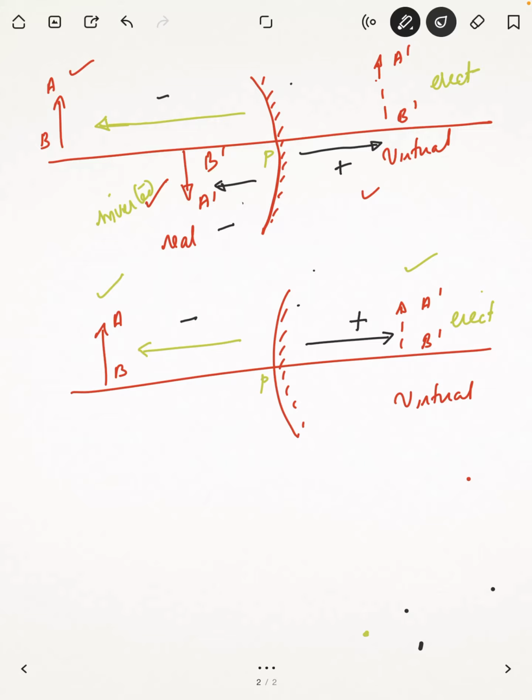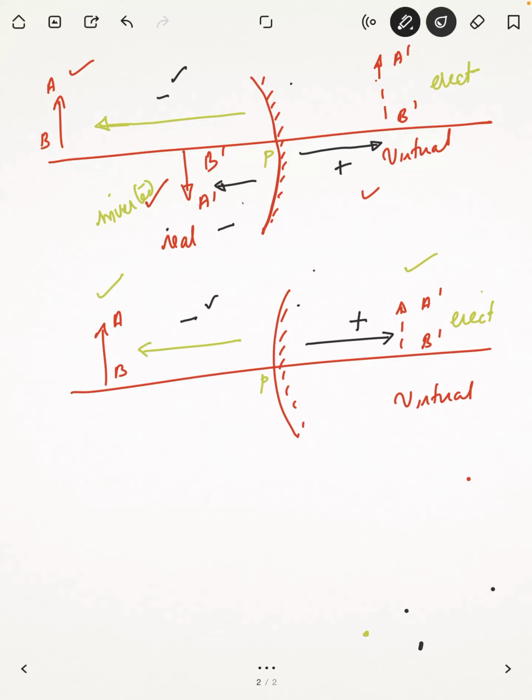So the distance measured toward the left side from the pole is taken as negative. Next, about the image. If it is a real image, it is formed in front, so measured toward the left side. So the image distance is negative, that is for a real image. A virtual image is formed behind, its distance is measured toward the right side, so the virtual image distance is taken as positive.